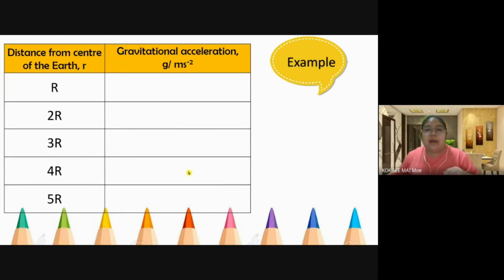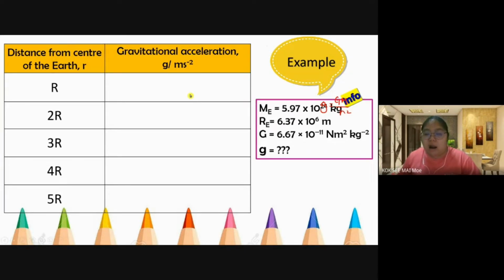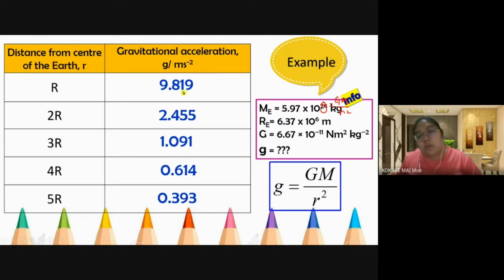After I do the calculation using the formula g equals G M over R squared, I find that exactly at R, it is 9.81, almost 9.8. This is on the Earth's surface. When the radius keeps increasing, I find 2.455, 1.09, then 0.6, 0.3.